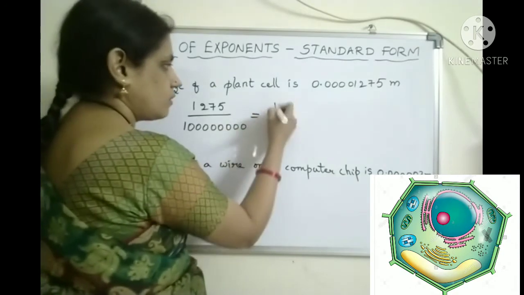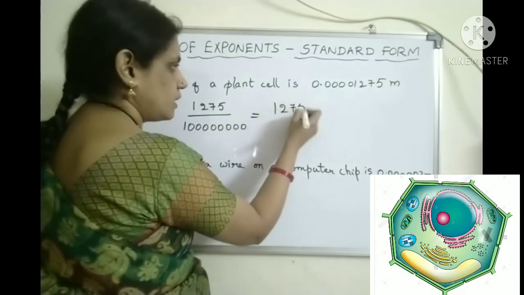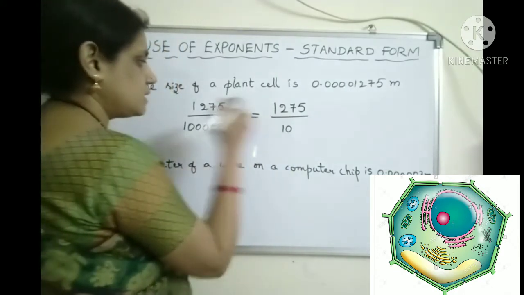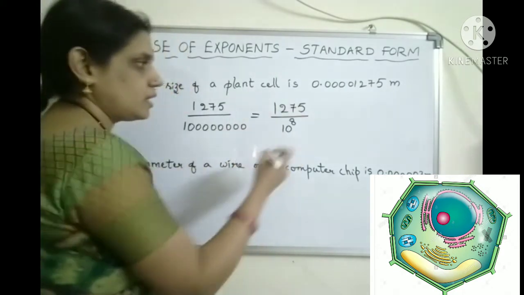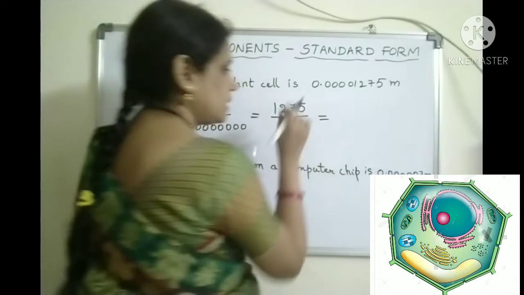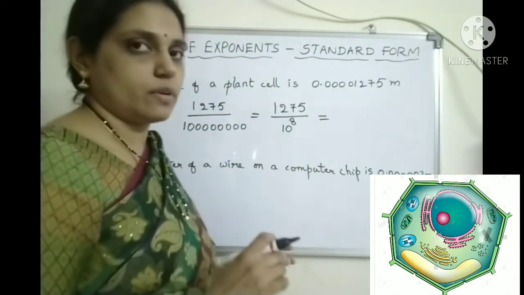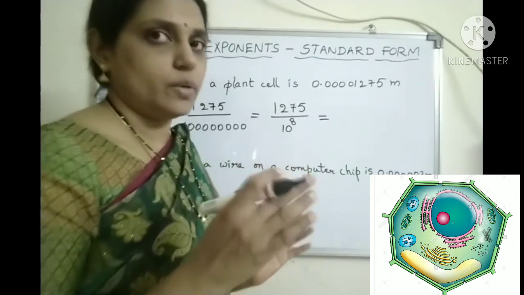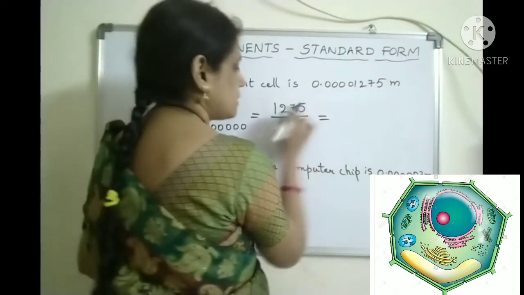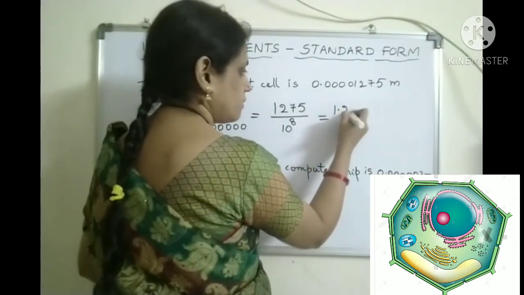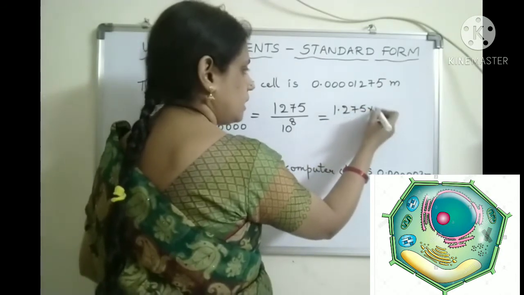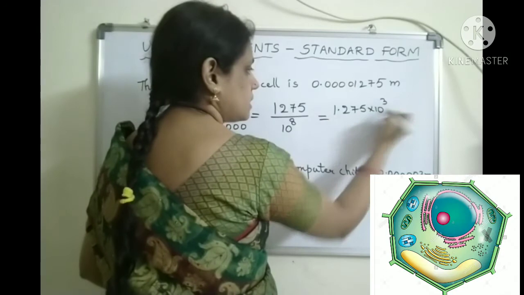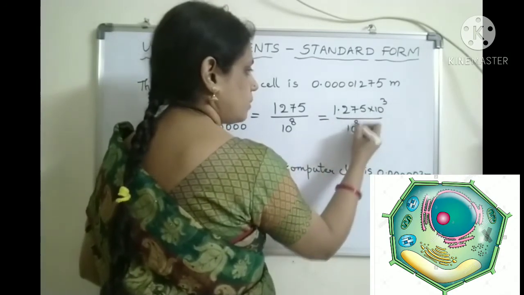So here how can we write 1275 by 10 to the power, how many zeros? 8. Okay. And now what can we write here? Actually we want the standard form. Standard form means the product of a decimal number from 1 to 10. So this numerator also, how can we write? 1.275 into 10 cube. Here 10 to the power 8 is there in the denominator.